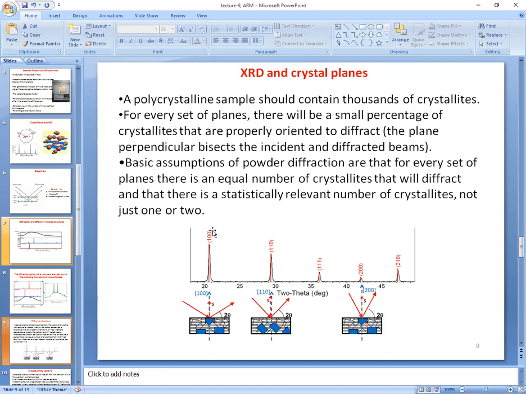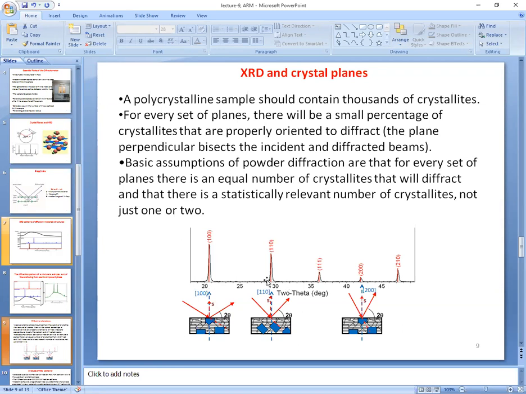So like this is a peak. This peak is only because of the 100 plane, from diffraction by all the crystallites. So this is not from a single crystallite. Basically, it is from a lot of crystallites, but the peak is at the same position of the two theta values.